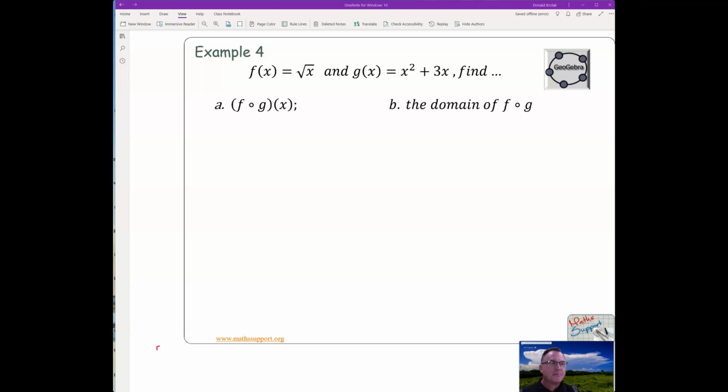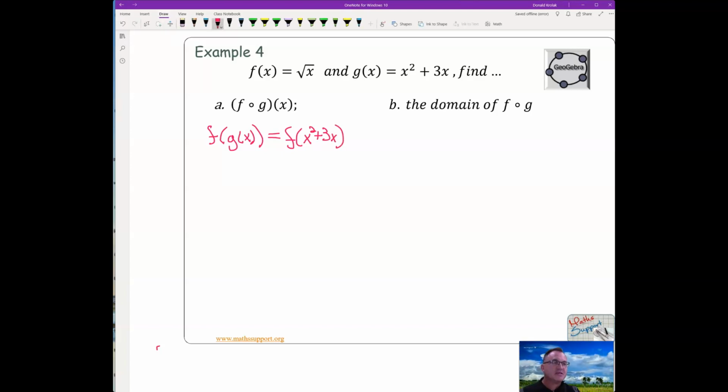First, find the composite of these two functions. So this tells me wherever I see an x in f, I'm going to replace it with the expression x squared plus 3x.